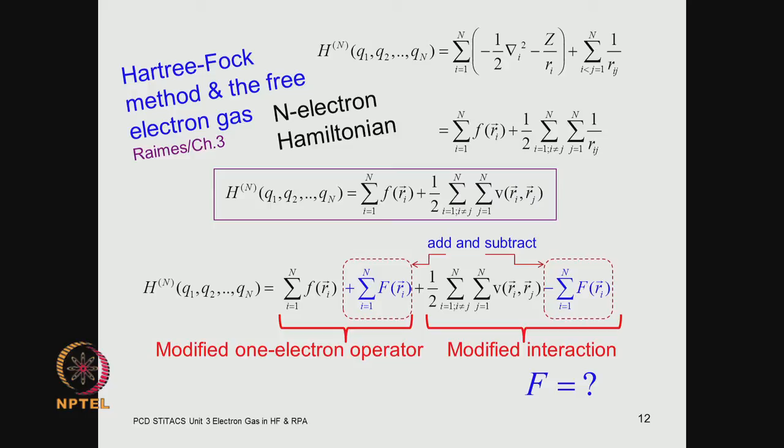We are asking the question, how should F be chosen? We are going to choose F such that the expectation value of the Hamiltonian in the n electron determinant wave function is a minimum, which is the heart of the variational principle. So F is to be chosen according to that criterion, and we develop a mechanism to show how F is to be so chosen.